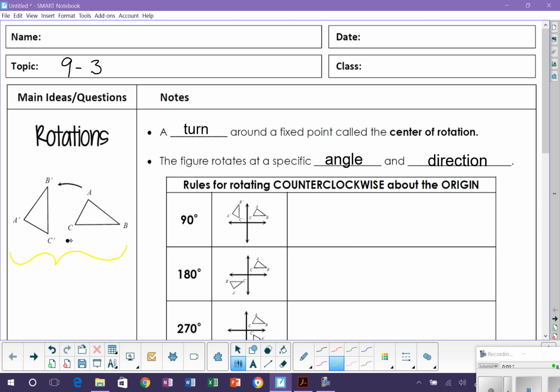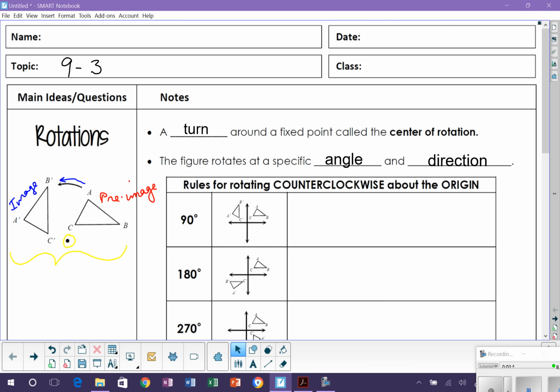right, you're seeing that you're turning around this point and you're taking your pre-image. So this right here is your pre-image, and it's rotating to your image.